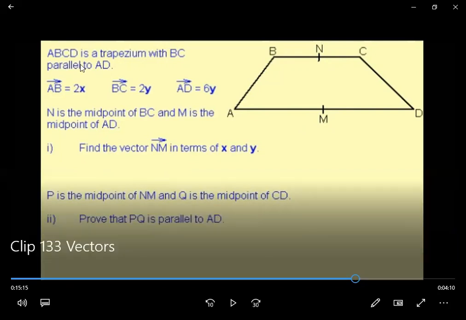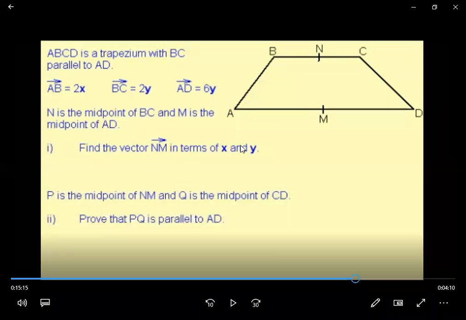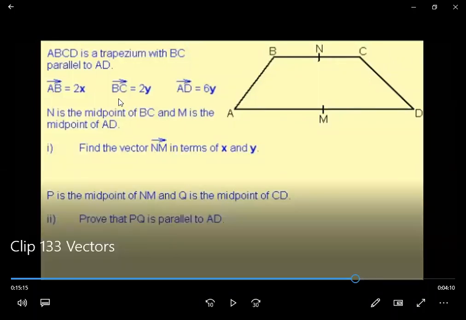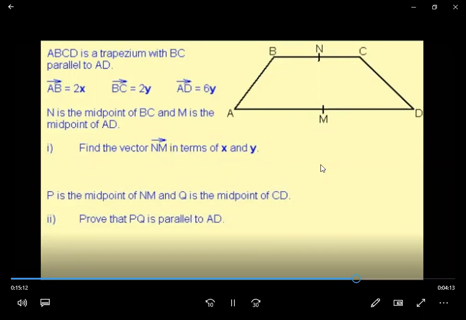Pay keen attention to words like midpoint, and to the ratios in these questions. CSEC loves to send questions like these in the vector section. All right, so let's move on. When you're ready for the answers, press play.